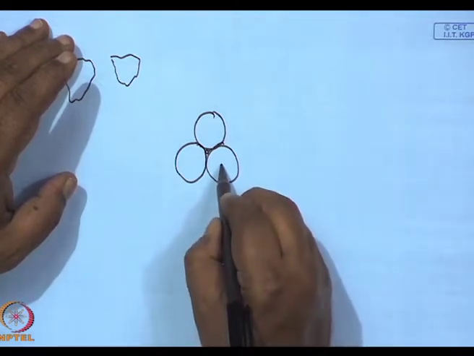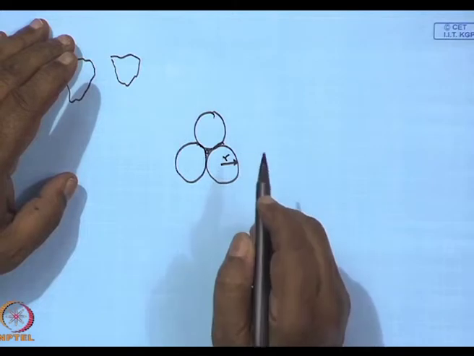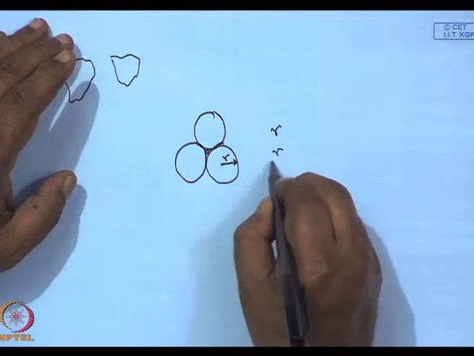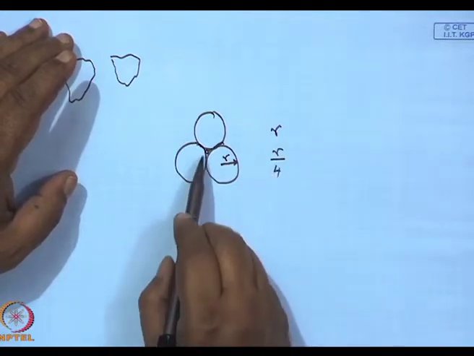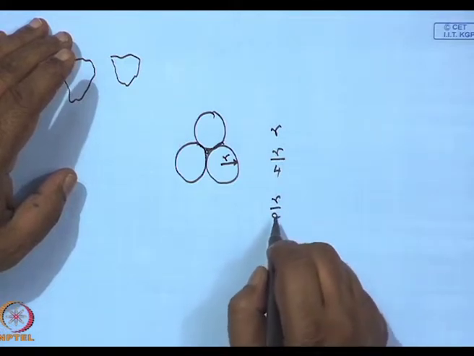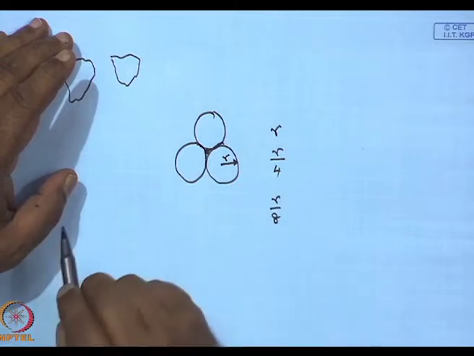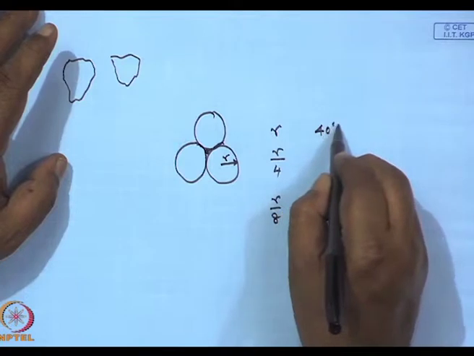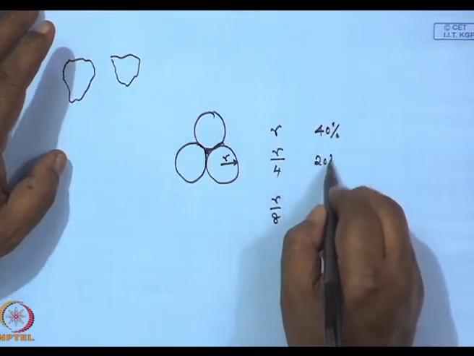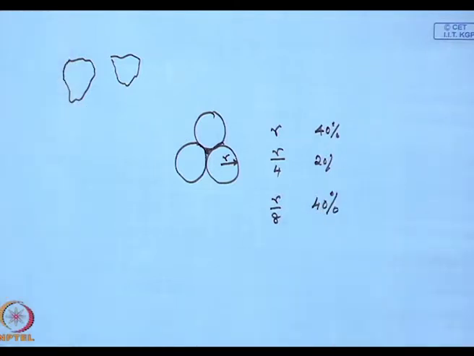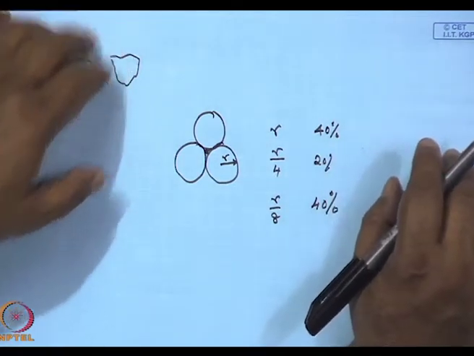A rough rule of thumb is, if this is R, then we require R by 4, which is this one, and R by 8 powders to make sure that there is no gap. A rough rule of thumb is this should be 40%, this should be 20%, but this should be 40%. However, this presumes that the powders are spherical. Normally they are not.